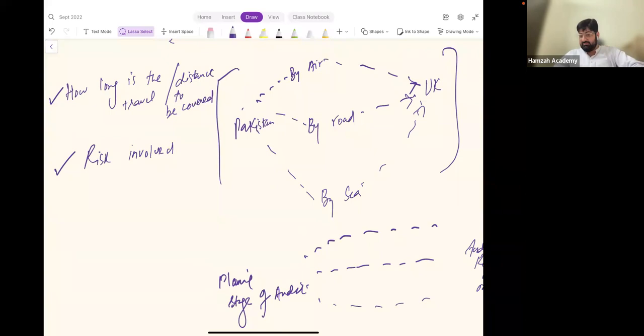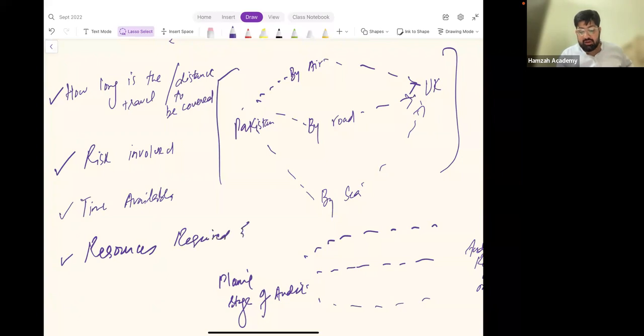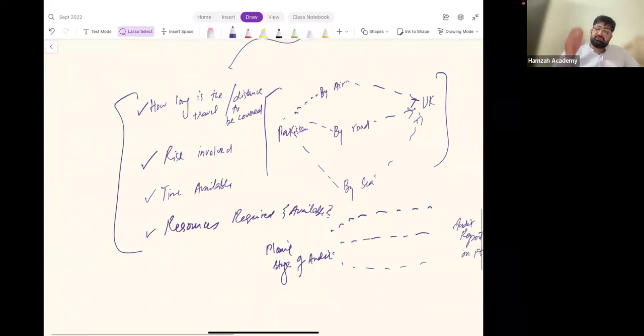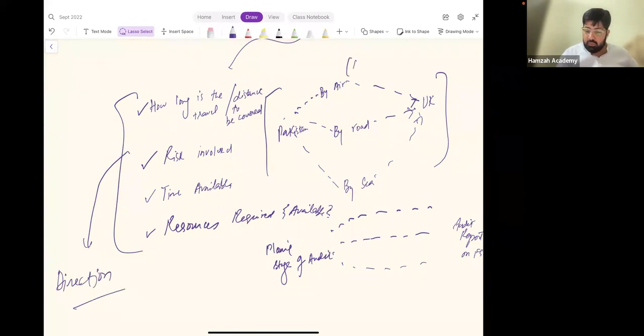You see, how much is the time available? Because different routes will take different time. Resources, money required and available. How much required? You see here, these four factors we will decide based on the direction, whether option 1, 2, 3, or a hybrid, any hybrid, any fourth option.